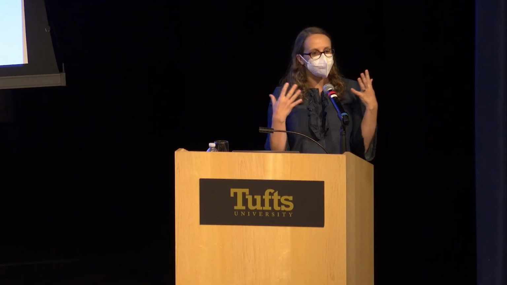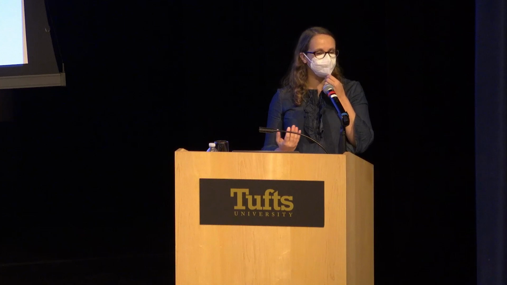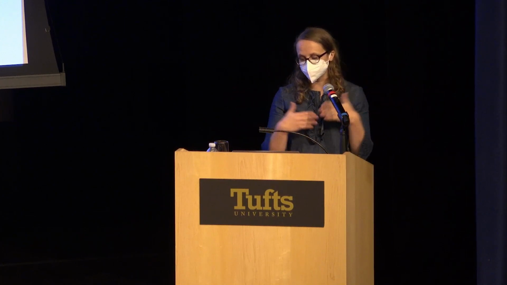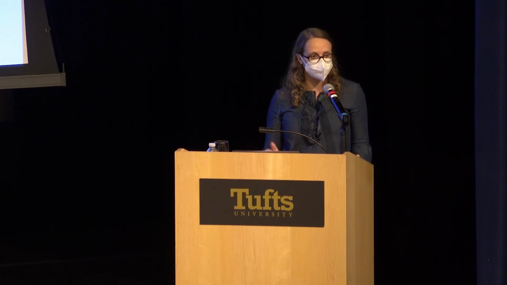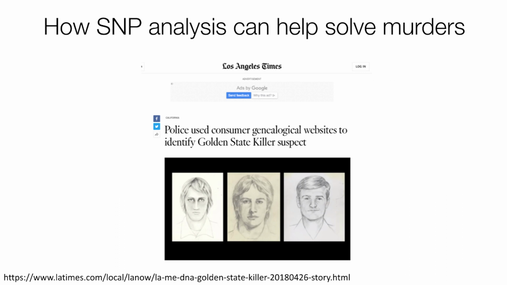And so these are traits that can be found within our relatives, and so they can connect you with relatives of different closeness within their data set based off of the samples that they have. And so this now is actually used to solve murders.